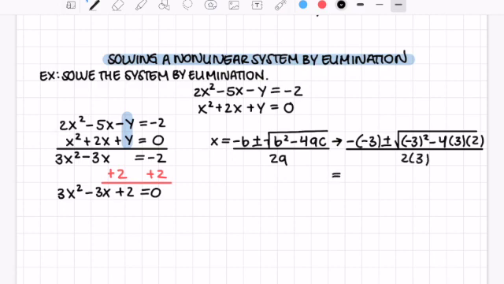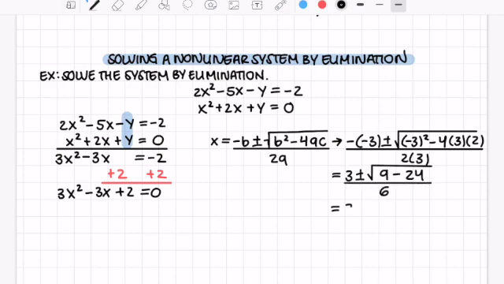So when I solve this, I get 3 plus or minus the square root of 9 minus 24, all divided by 6.